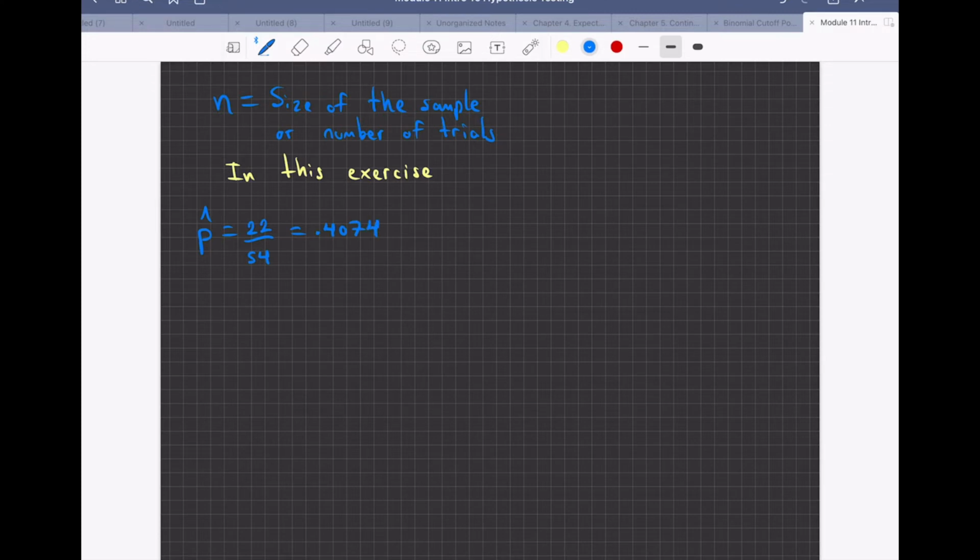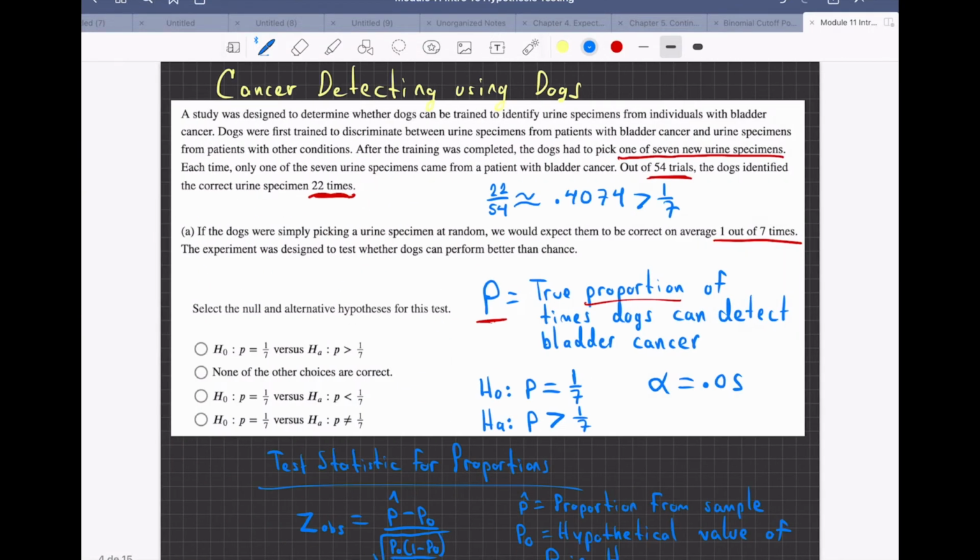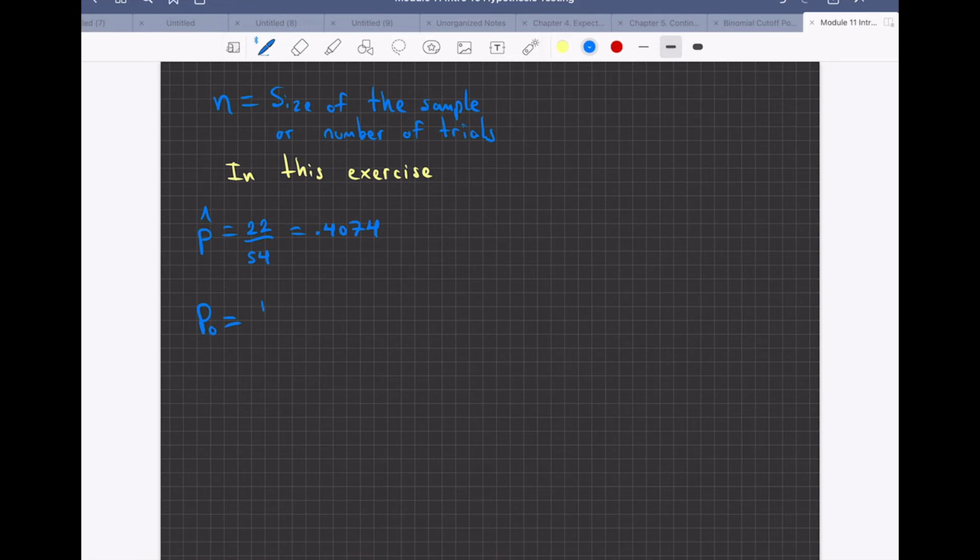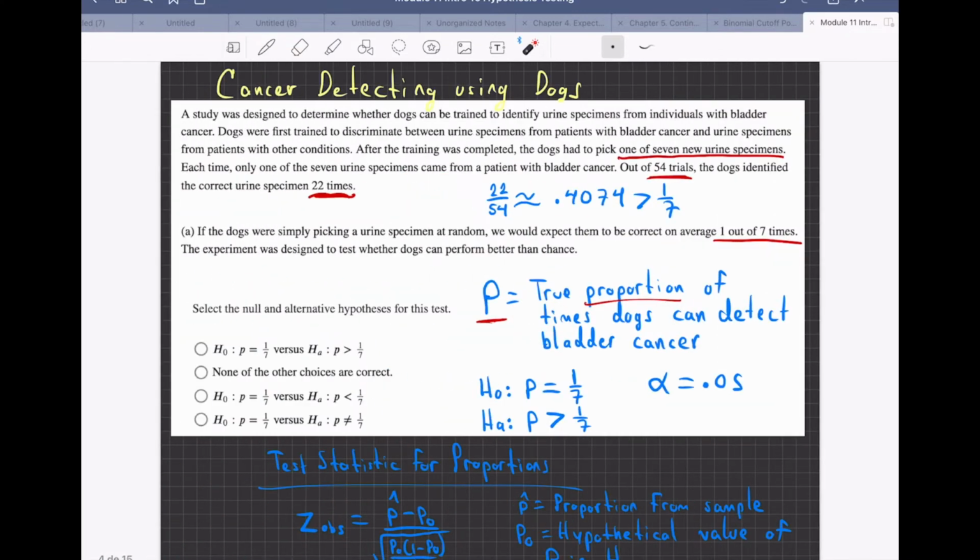0.4074. What is P0 or P null? Again, it is the hypothetical value of P in the null hypothesis, which is 1 out of 7. And N, what is N? How many trials? N is 54 trials, you see? Or the size of the sample.